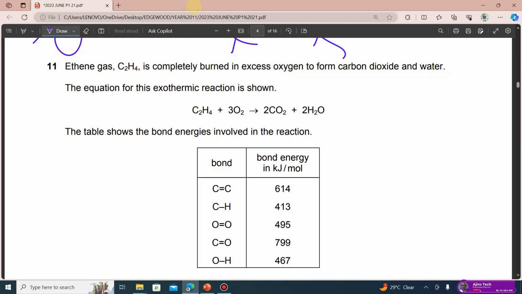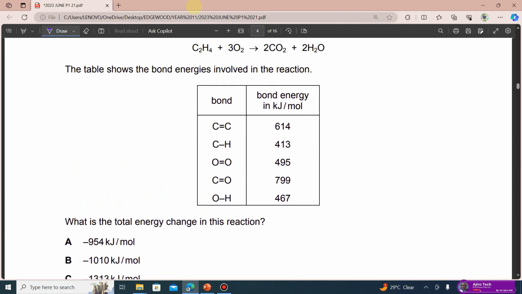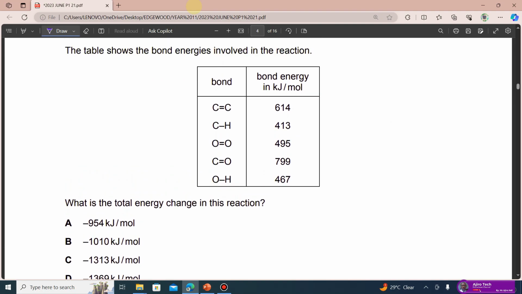So we're expected to use the information to calculate the total energy in this reaction. We're going to break this down as simply as possible so that we can move forward. To do that, we're going to draw the ethene structure. Now the ethene structure is something like this.